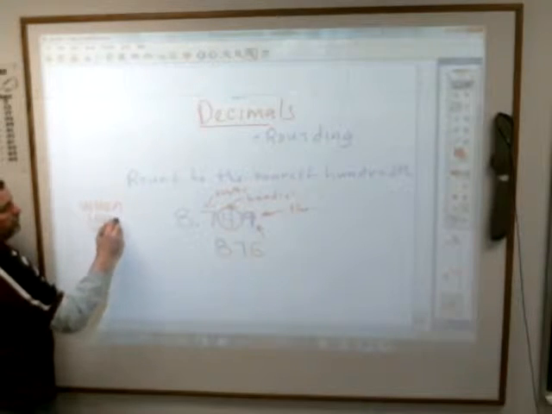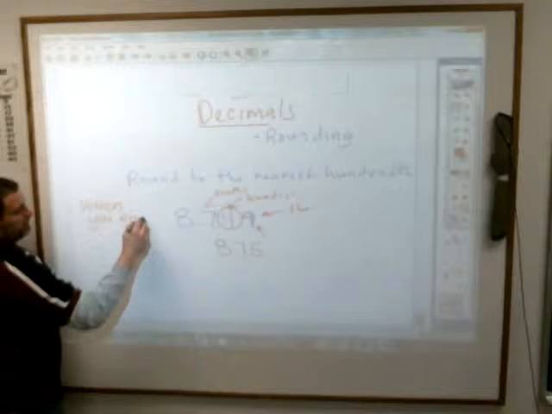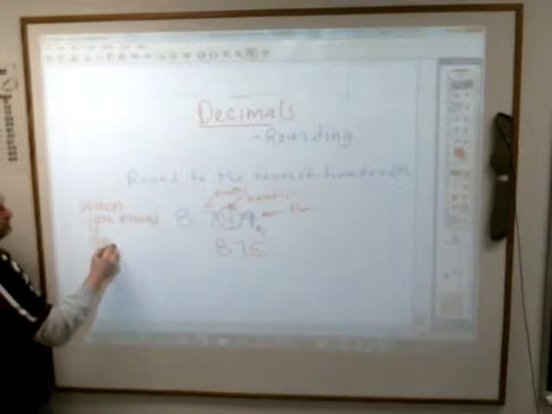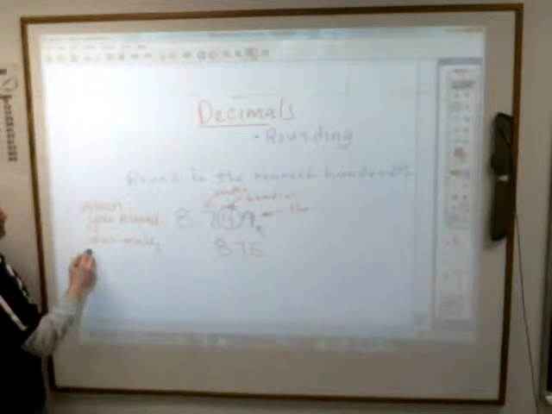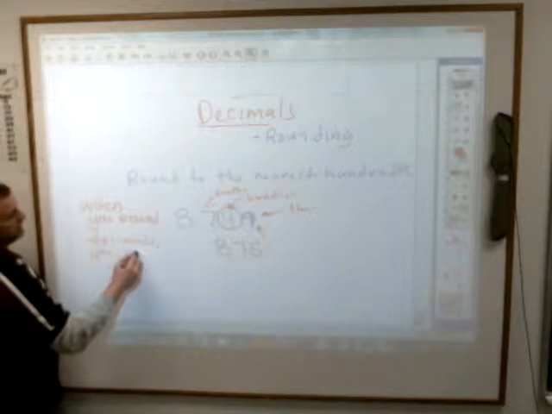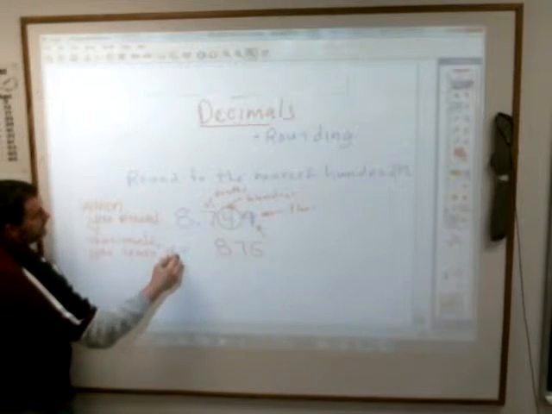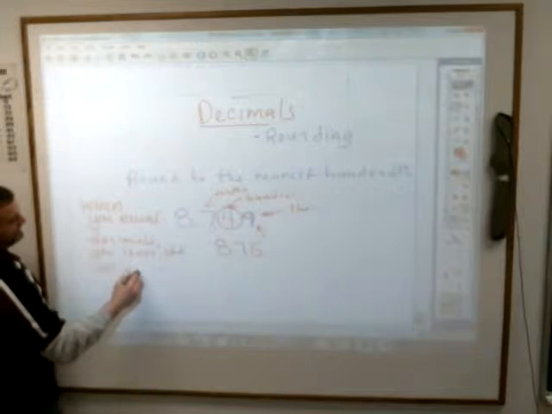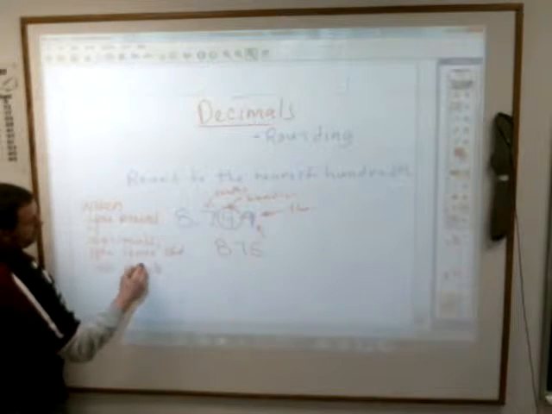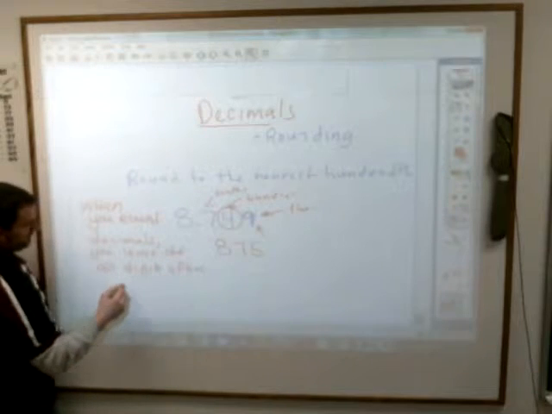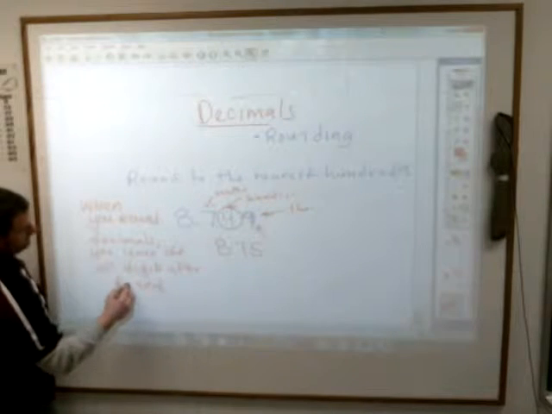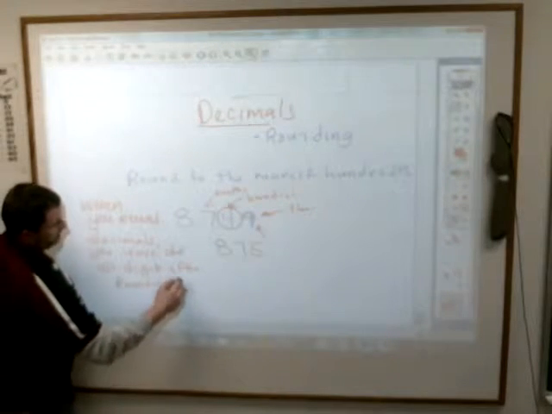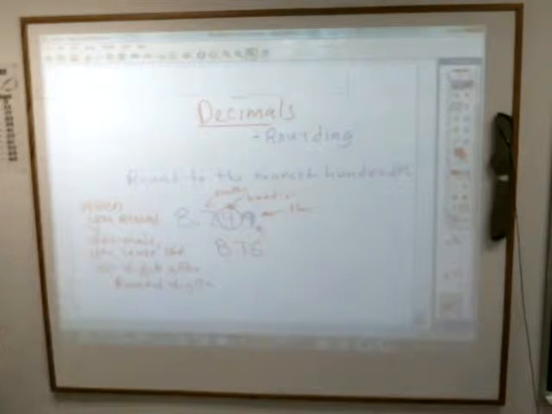When you round decimals, and it's only decimals, you leave off all digits after the rounded digit. I will explain at length this to you. When you round decimals, you leave off all digits after the rounded digit.